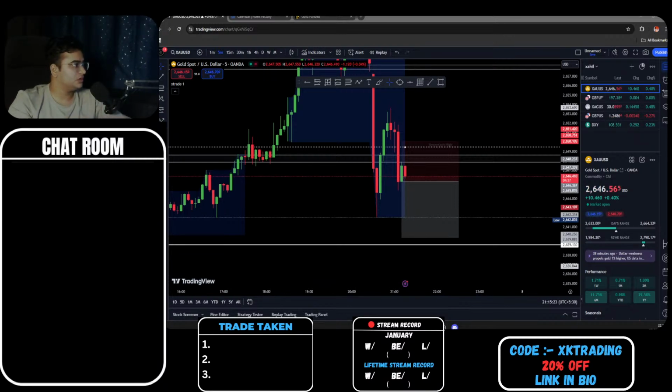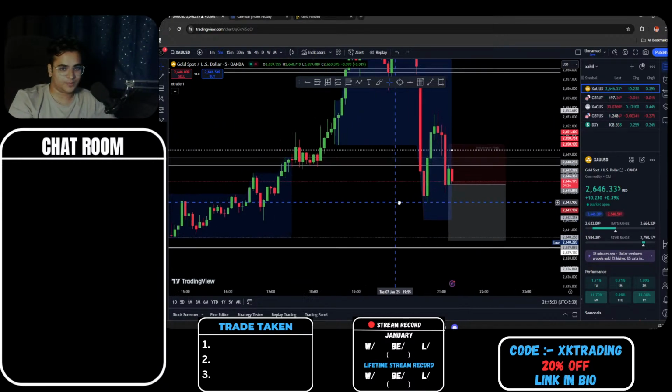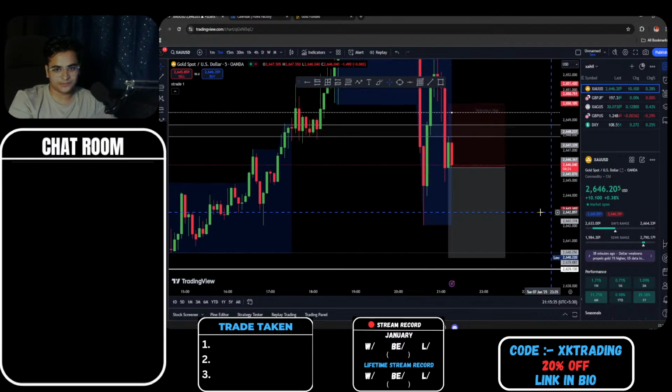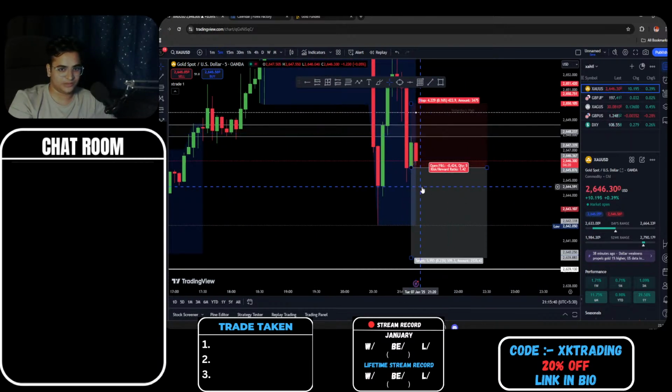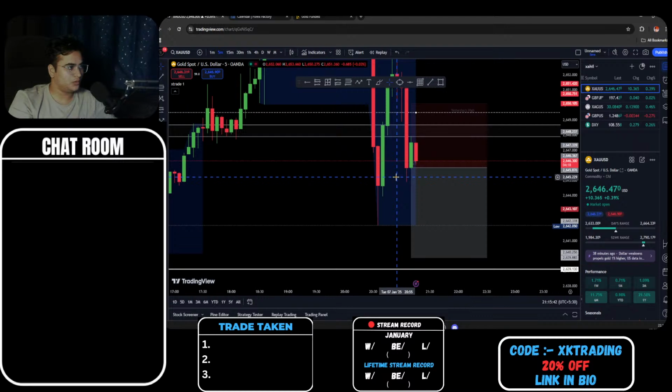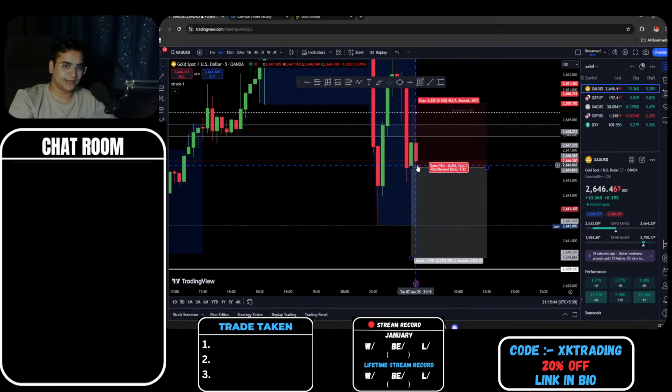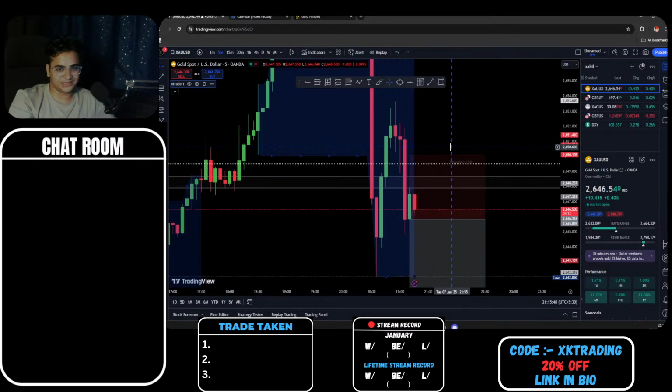There we go, we directly got the momentum for price to go down. To be honest, this momentum I do not like, but let's see. The only reason I do not like it is that it did not break the high and then flip bearish. If it's not doing that, then this could be a liquidity grab and it will flip bullish and go up, and I do not want that.